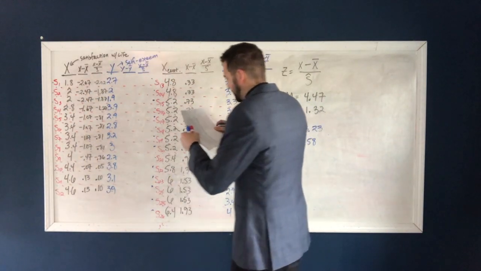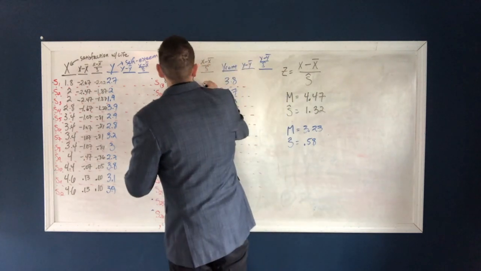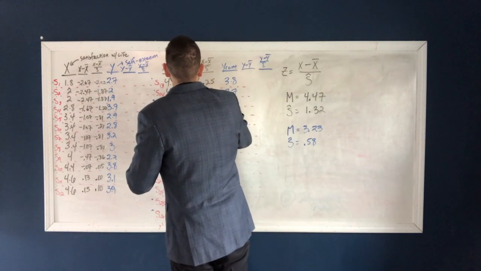Okay, 0.33 divided by the standard deviation is 0.25.